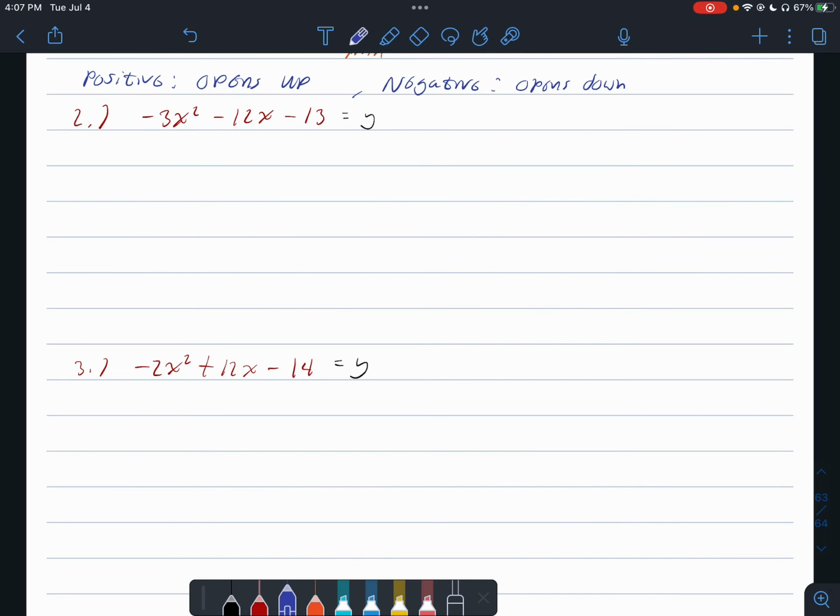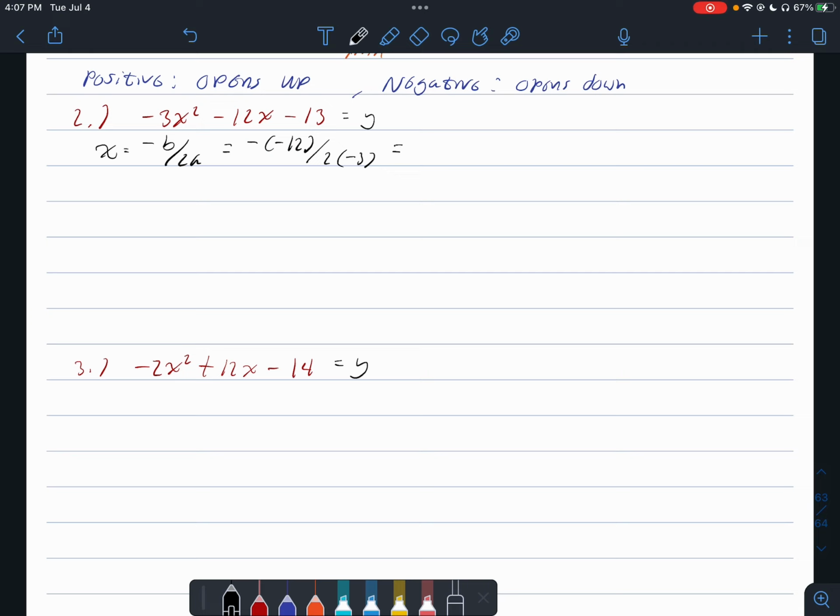Let's take a look at this one. Here we have negative 3x squared minus 12x minus 13. To find the x component, remember it's x is equal to negative b over 2a. Or we have negative times negative 12 over 2 times a, or in this case, negative 3.